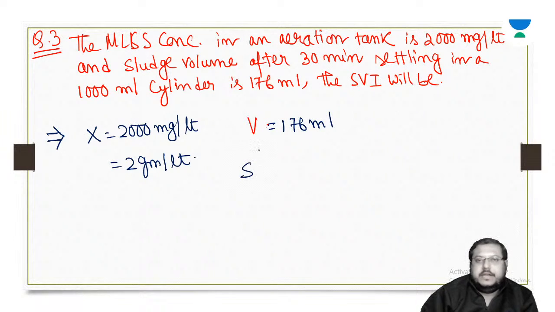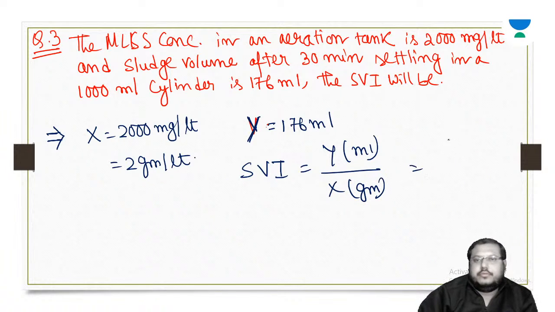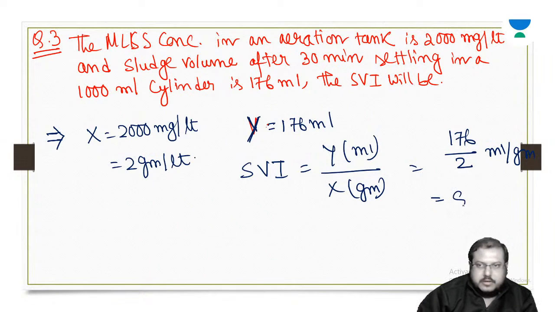So what is SVI? It's actually not V, it's Y. SVI is Y in milliliter by X in gram. So 176 by 2 ml per gram, that is equals to 88 ml per gram will be your SVI value.